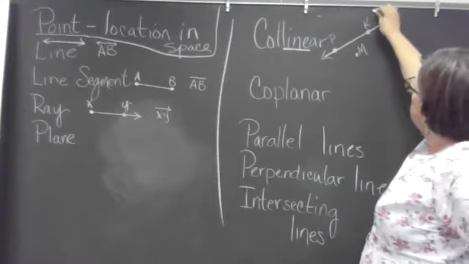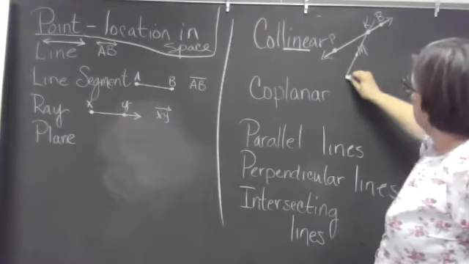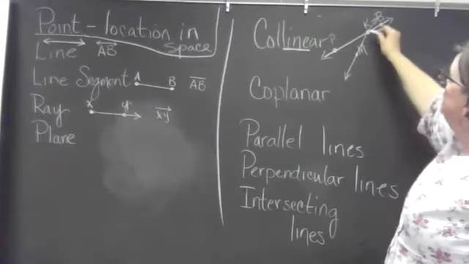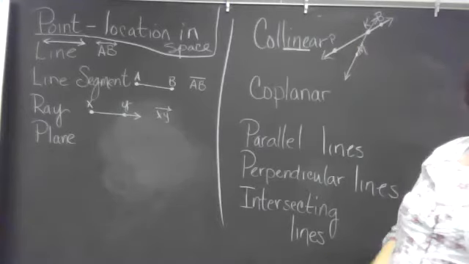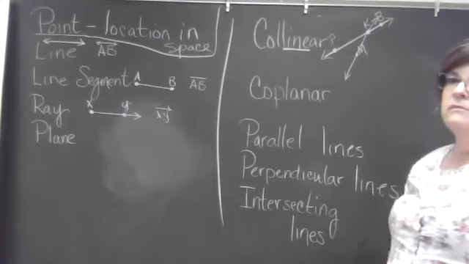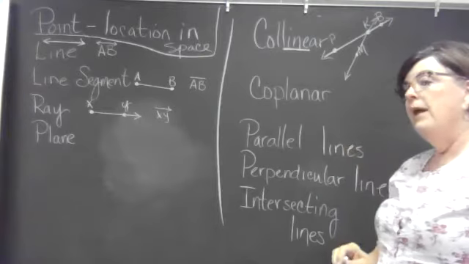So if you have point M out here, M is not collinear with these points. Now, if you had another line on this picture, then K and M would be collinear. Y'all see? Because they're on the same line, but M is not collinear with P, right? The same thing with coplanar.